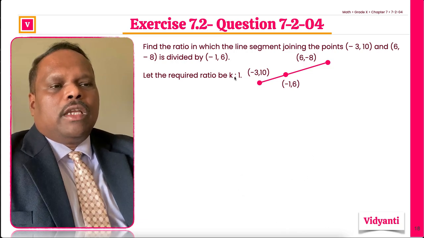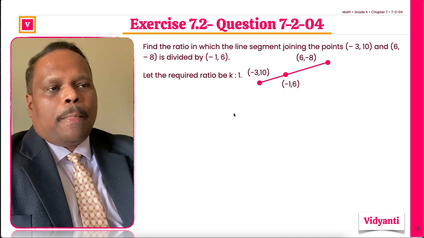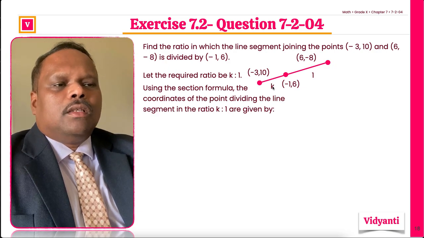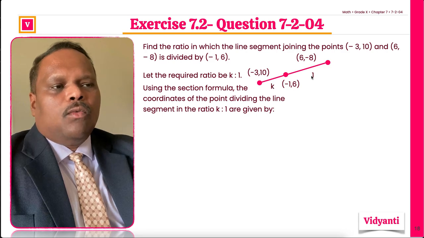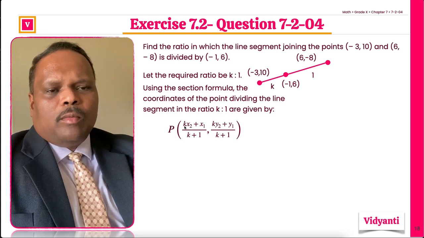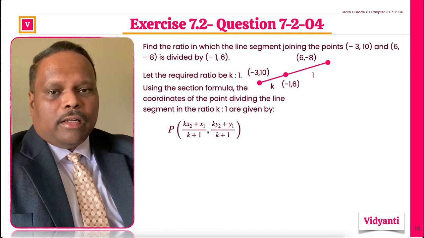But k is to 1, that way we have only one unknown. So this k is like m and 1 is like n. So remember, in the m place we are going to substitute k, in the n place we are going to put 1. So 1 means like nothing, you don't have to write anything.